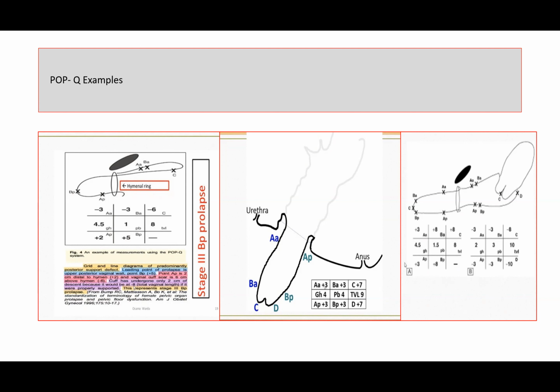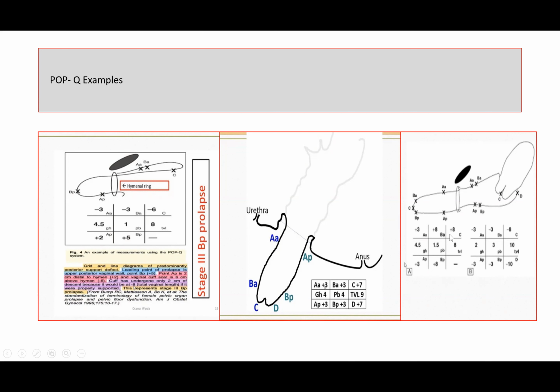Now coming to this C. Here, if there is no D, it means the patient has been hysterectomized. So this is the vaginal cuff prolapse. Likewise here, if there is no D, there is no uterus, so this is the vaginal cuff prolapse or vaginal vault prolapse. But here, since the value is normal, there is no vaginal vault prolapse.